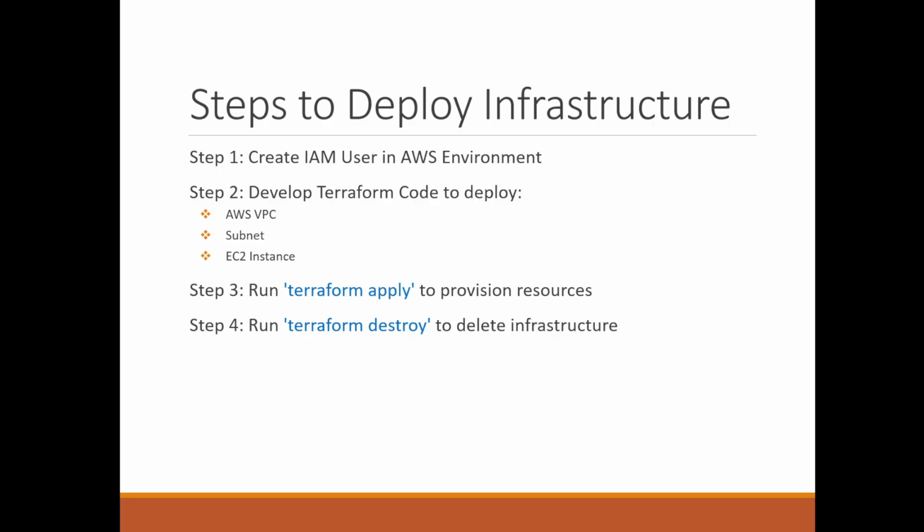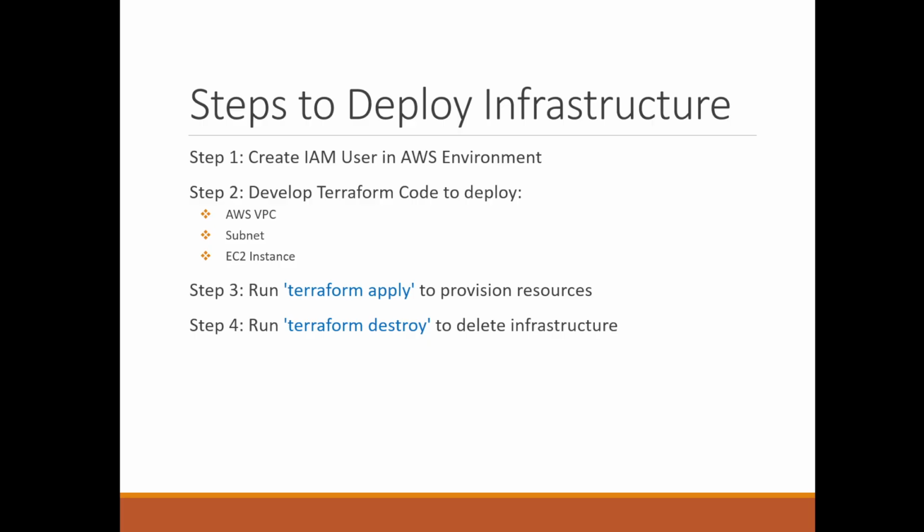Second step, we'll write the code which will contain an AWS VPC, Subnet, and EC2 instance. These are the three resources we'll create in AWS. And finally, step three, once we are done creating the code, we'll use Terraform apply to initiate the provisioning of those services in AWS.